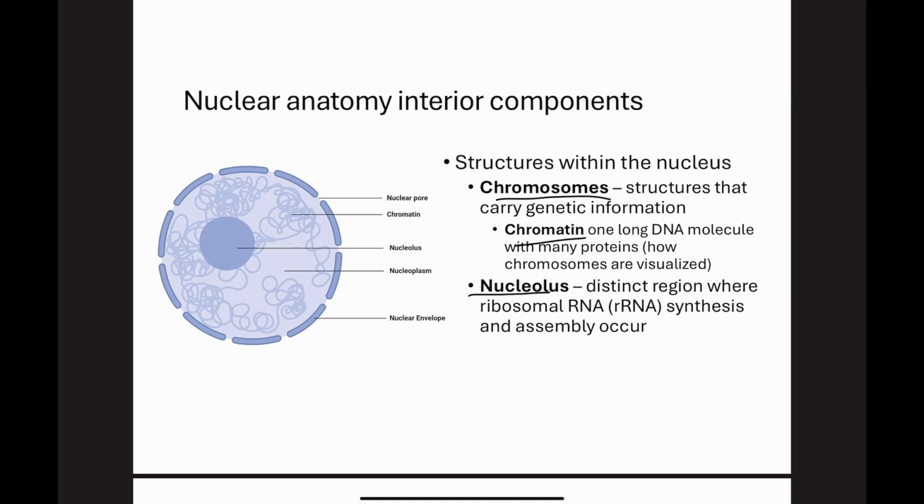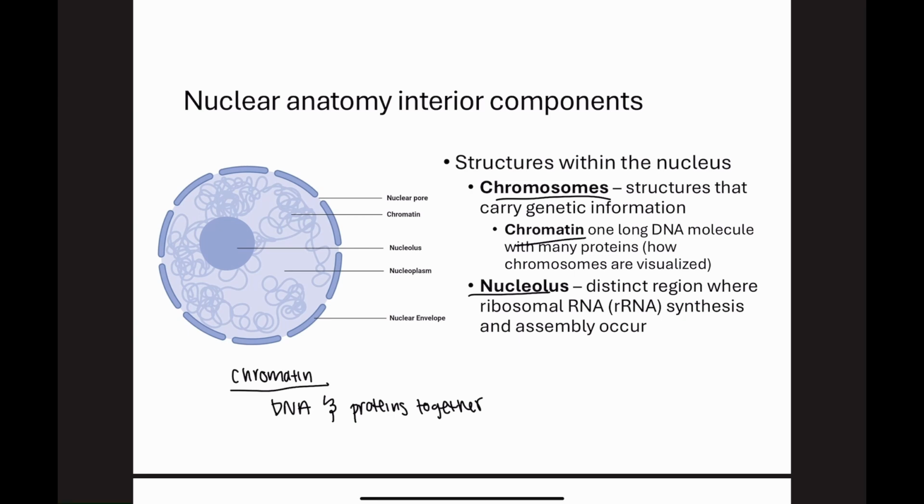Chromatin is a long DNA molecule that has many proteins. So our chromatin is actually a complex, and what I mean by that is that it's DNA and proteins together. Our chromatin is going to help with gene regulation and packaging.